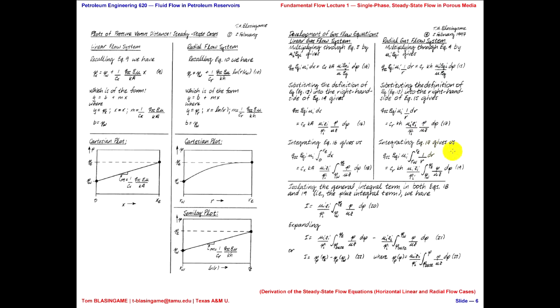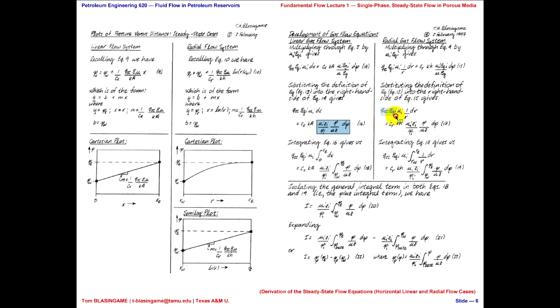the next thing we're going to do is isolate constant terms. Q SC BG is actually the reservoir flow rate, and then mu dx, we move that over, it's mu I. And then we have our conversion constant, then we have Ka, and then we have mu I Zi over Pi, P over mu Z dP.